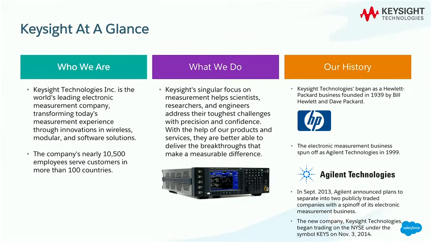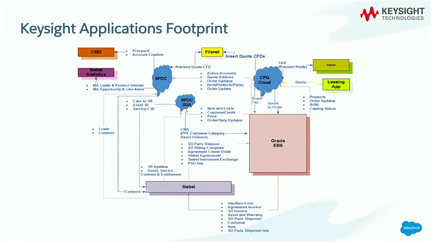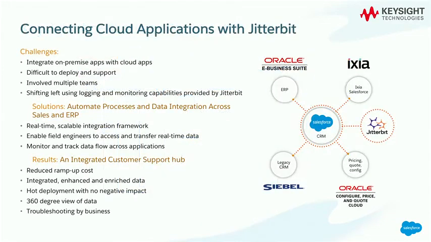We were looking at 4 to 6 weeks to go from development to production, phase by phase. So we were going to an agile model. At that time, we started using Jitterbit.